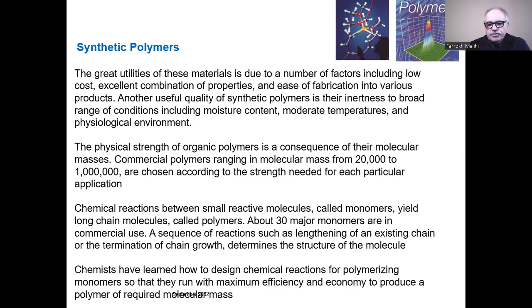Chemical reactions between small reactive molecules called monomers yield long-chain molecules called polymers. There are about 30 major monomers that are in commercial use today. A sequence of chemical reactions, such as extending the length of an existing chain or the termination of chain growth, determines the structure of the molecule.